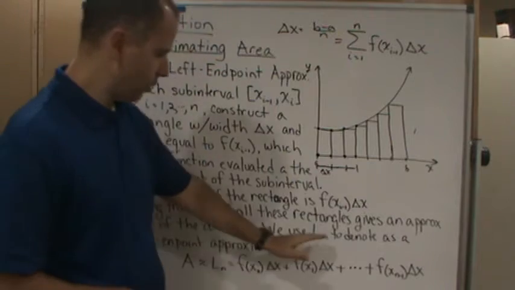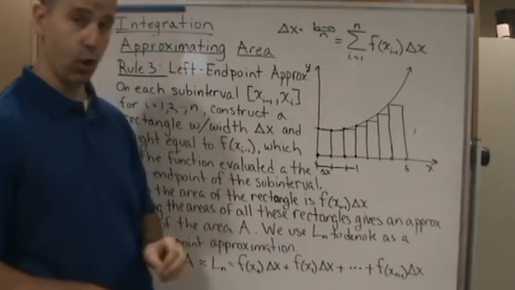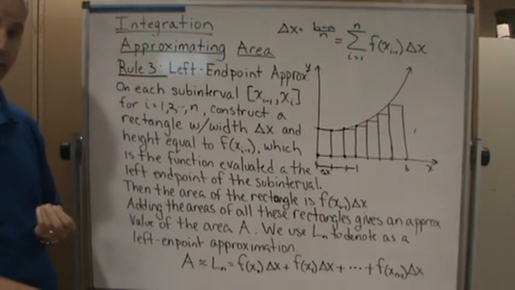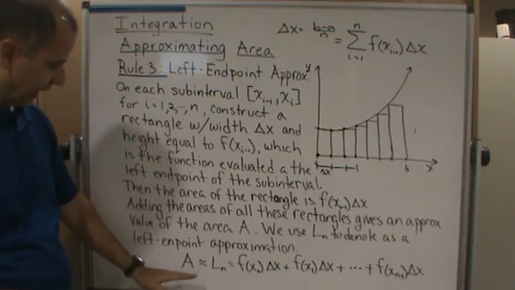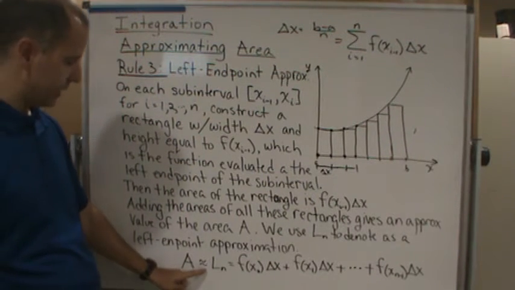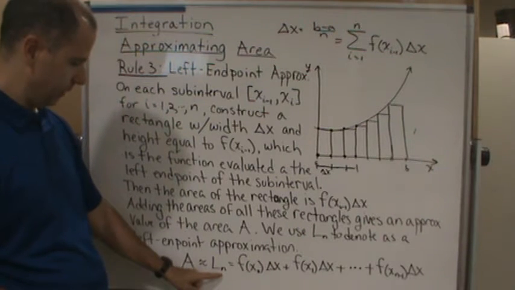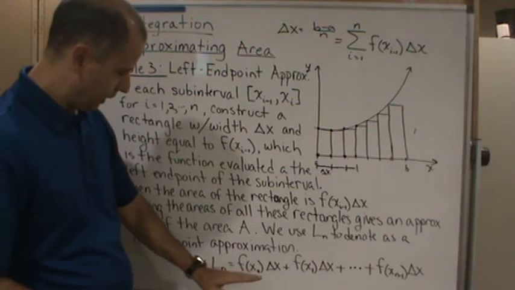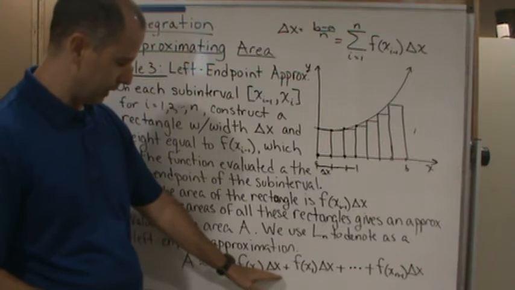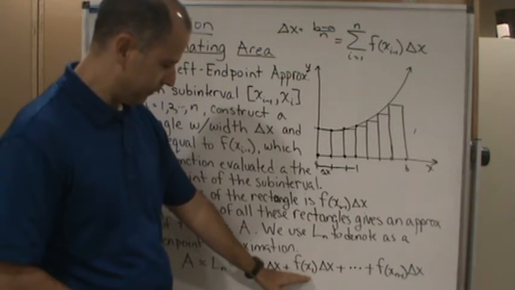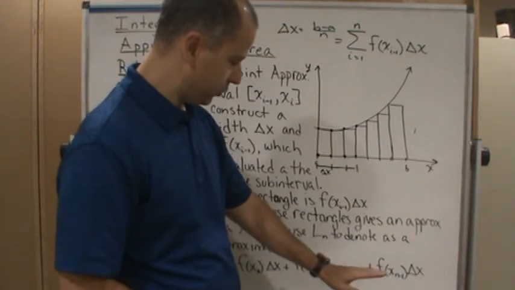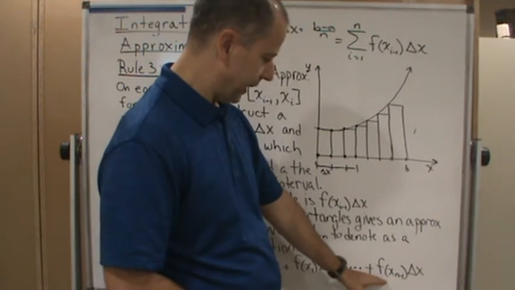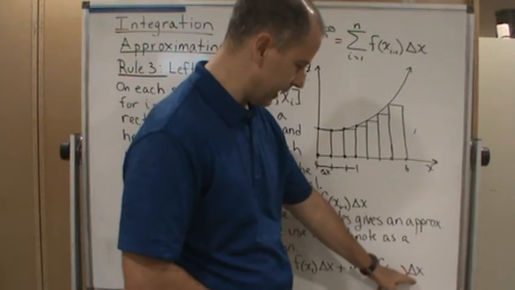Now, we use the notation L sub n to denote a left endpoint approximation. So we would say the area of the curve is approximately equal to L sub n, which is equal to f of x0 times delta x plus f of x1 times delta x all the way to plus f of x sub n minus 1 times delta x.